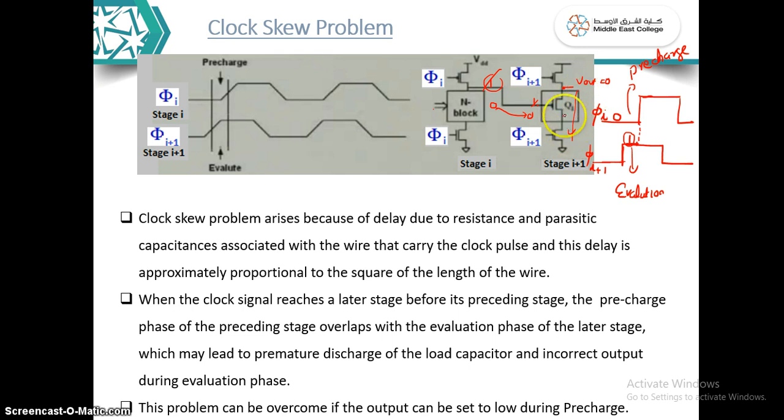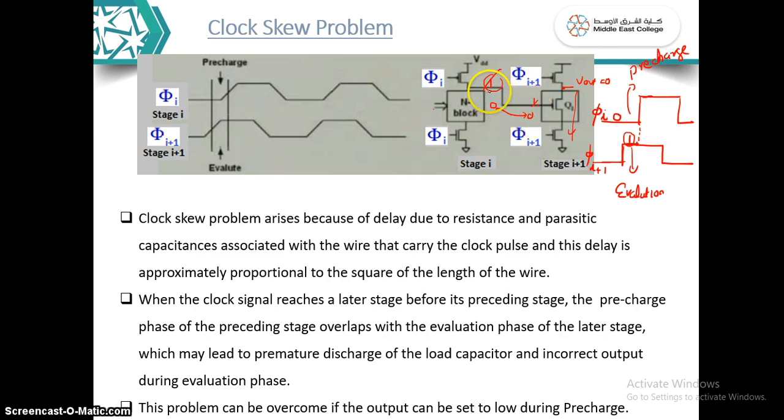So when the clock reaches the later stage before the preceding stage, and the evaluation has already happened in the later stage, it may lead to a premature discharge of the load capacitor, resulting in an incorrect output during the evaluation phase. If you want to overcome this problem, in the evaluation phase, even though it starts first here, you have to keep your output low.